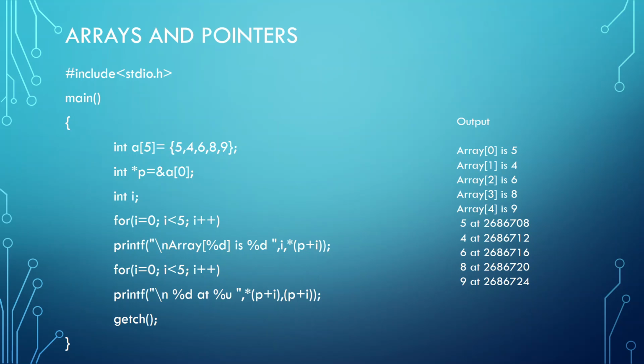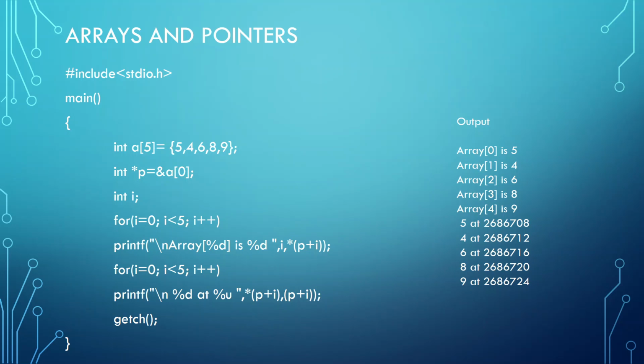So there is an array A, and you are creating a pointer with a value which is the address of the first element of A. Clear? Then you are initializing a loop, and you are going to display the content of the array using the pointer.